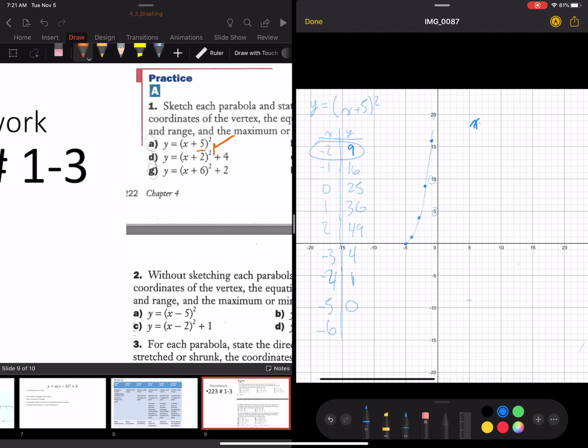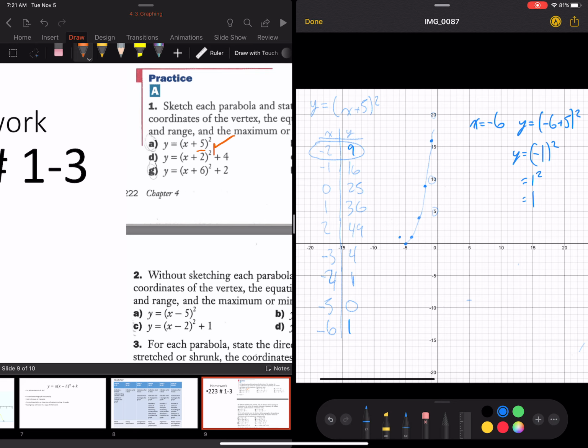When x equals minus 6, y equals minus 6 plus 5 squared, which is minus 1 squared, which is equal to 1. You have to square the minus. A lot of you make that mistake on tests. When you square a negative, you square both the 1 and the minus. So the answer is minus 6, 1.